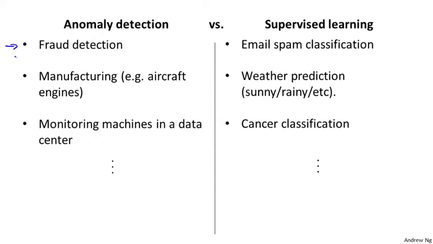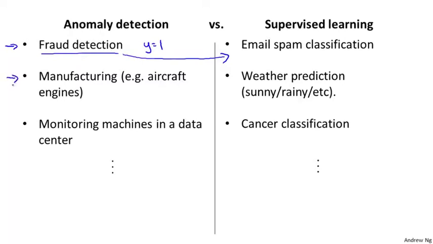I should say, if you're a very major online retailer and you've actually had a lot of people try to commit fraud on your website, so you have a lot of examples with y=1, then sometimes fraud detection could shift over to the supervised learning column. But if you haven't seen that many examples of users doing strange things on your website, then more frequently fraud detection is treated as an anomaly detection problem rather than with a supervised learning algorithm.